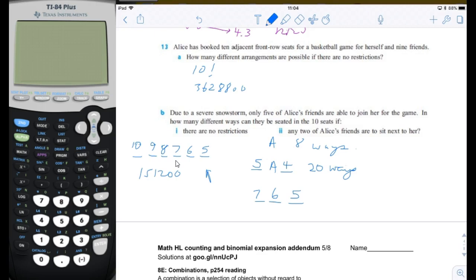So that would be basically 210 ways. Okay? And so then we just need to multiply all these. We need to multiply 8 times 20 times 210. And that would give you the total number of ways to fill the seats with Alice sitting next to 2 of her friends. So 33,600.